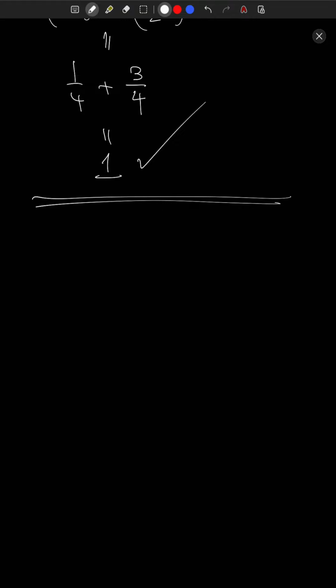If you do read this section in the book, you'll notice they also talk about a way to compute sines and cosines of strange looking angles, like angles bigger than 90 degrees, bigger than 180 degrees, bigger than 270 degrees, using what they call reference angles.